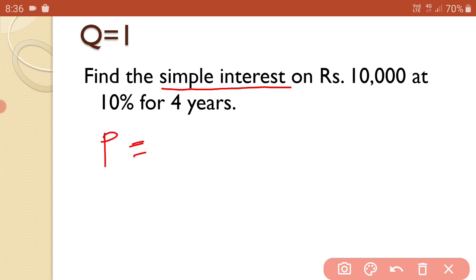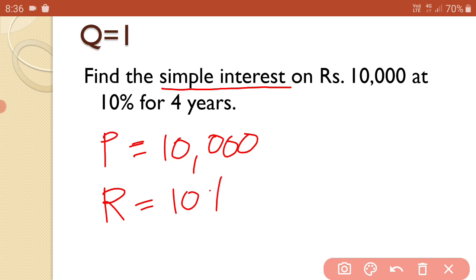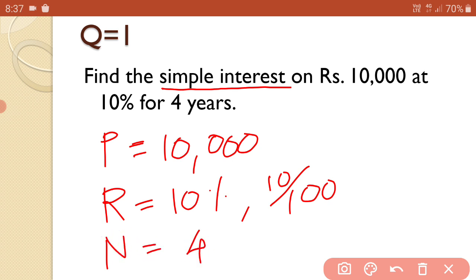Here the principal is 10,000, rate of interest 10%, that is 10 upon 100, number of years 4 years. The question asks for simple interest, so I is equal to question mark. So P is equal to 10,000, R is equal to 10%, N is equal to 4 years, and I is to be found.